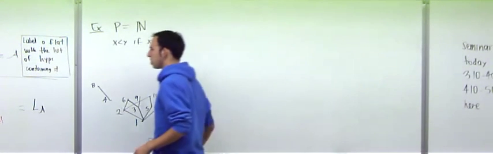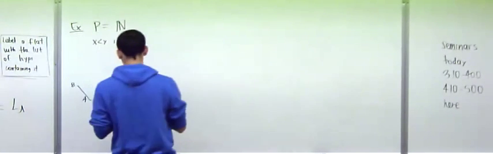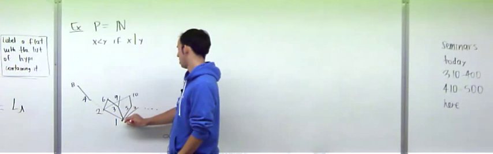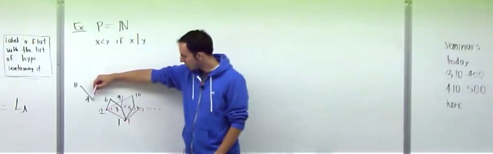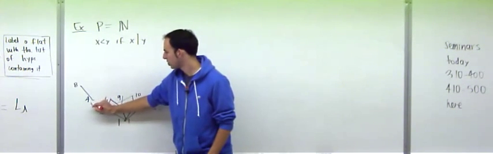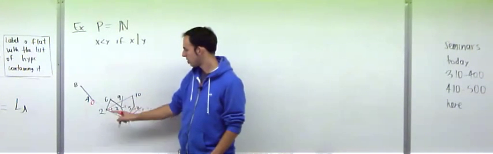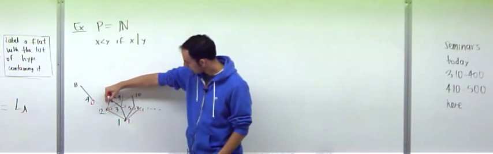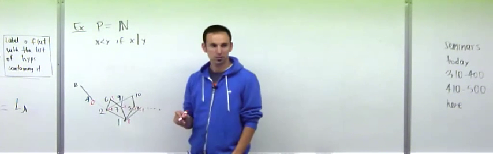So let's compute the Mobius numbers for this thing. You get 1 here, then all of these guys get minus 1s as before. Now what does 4 get? Well, the numbers below it are 2 and 1. So I have 1 minus 1, so I get to put a 0 here. What does 6 get? Well, I have the 2 and the 3 below and the 1. So I need to put a 1 here.